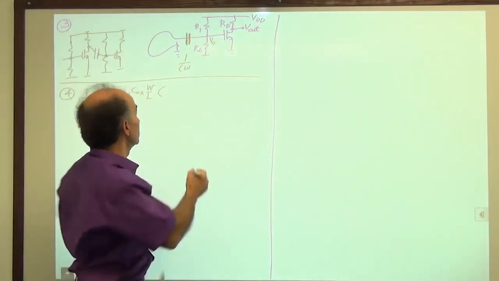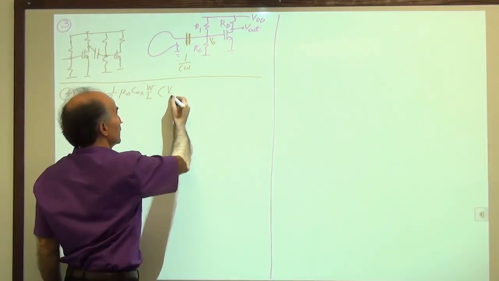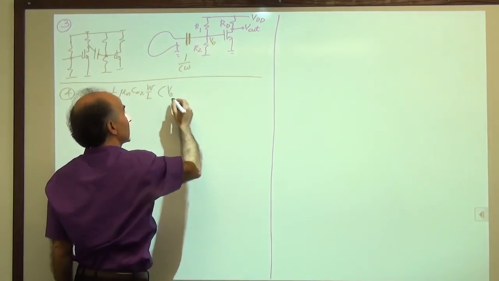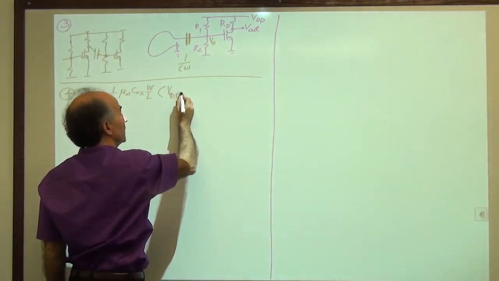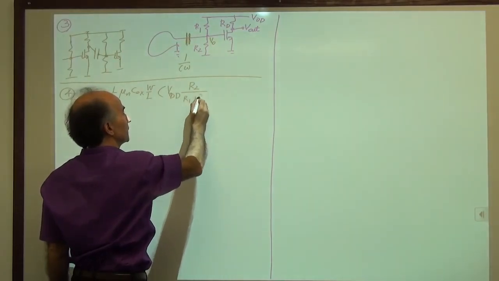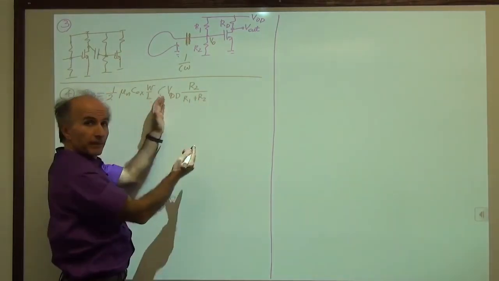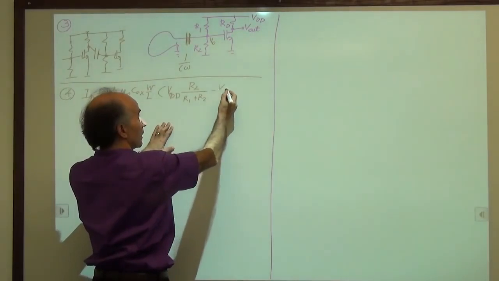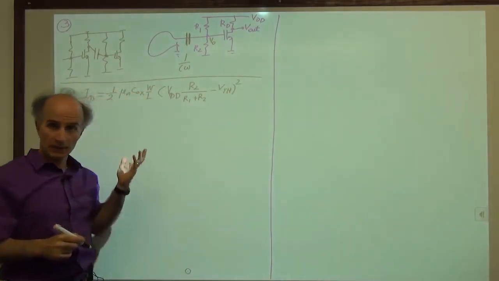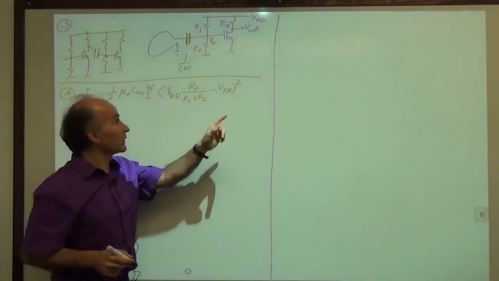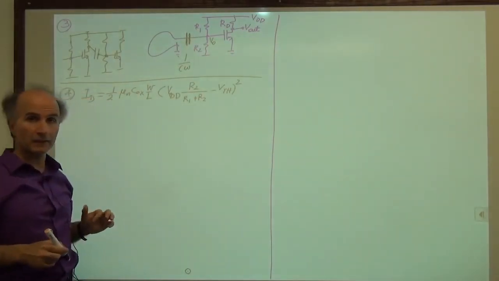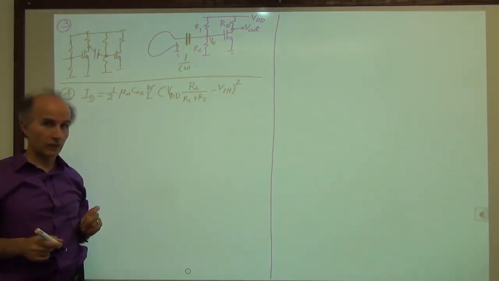VGS happens to be V0, which is the result of this division: VDD times R2 over R1 plus R2. So this whole thing is V0, then minus VTH of the MOSFET, and then squared. This is the amount of current that flows through this device as a result of this type of biasing at the gate, provided that we are in saturation.